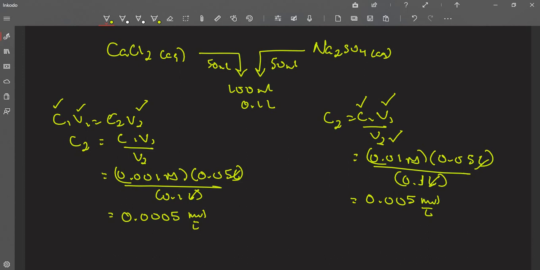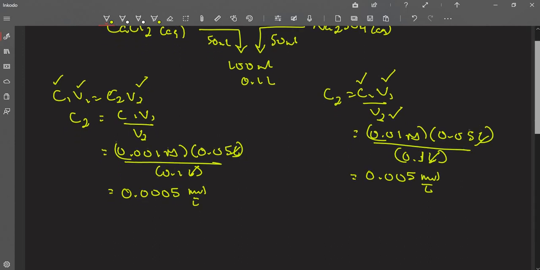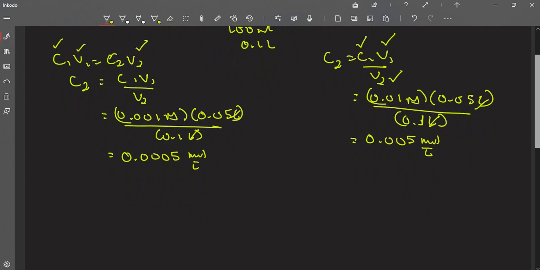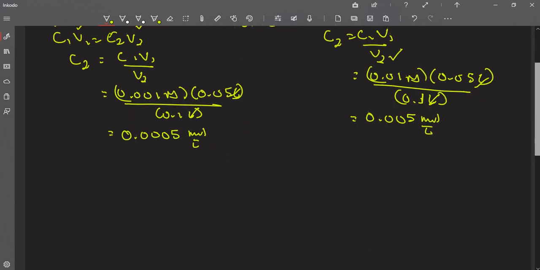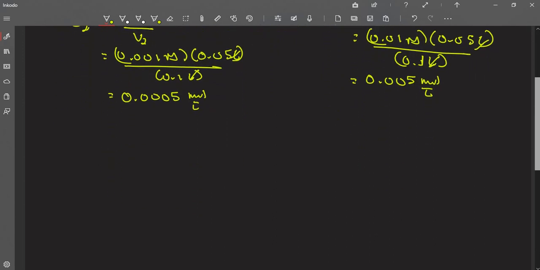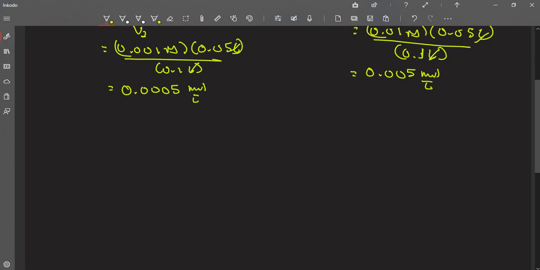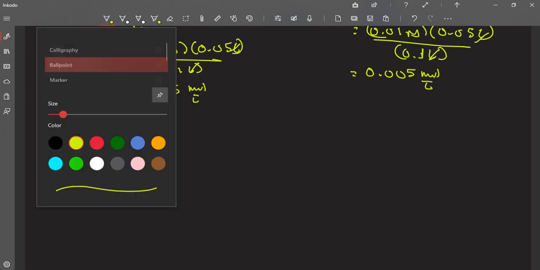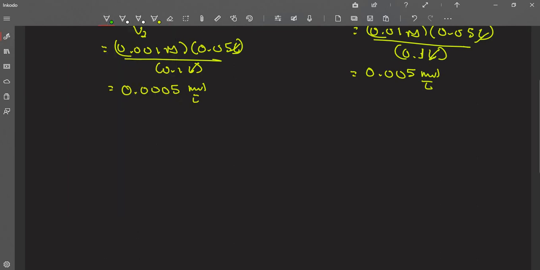Okay, so now that we know the new concentrations of both calcium chloride and sodium sulfate, we have to consider something. When calcium chloride is in solution, I think I will take advantage of these different colors here. Let's choose a different color now for calcium chloride.